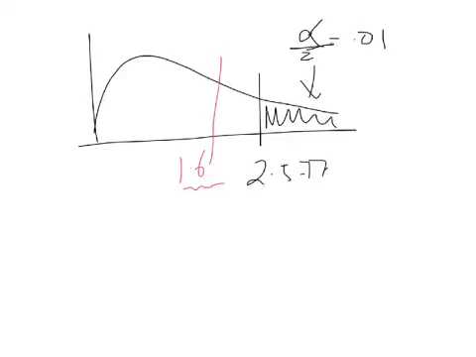The observed value was a little different, 1.6 something. So anyway, we can see here that this 1.6 is less than 2.577, so we're not in the rejection region. Here's our rejection region right here. So in this case, we will fail to reject the null hypothesis, and our conclusion would be that we have insufficient evidence that the population variances differ.